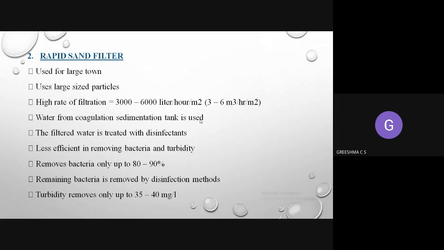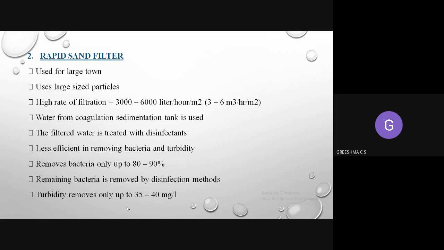One of the disadvantages of rapid sand filters is that they are less efficient in removing bacteria and turbidity, but the rate of filtration is very high. As far as it is concerned, you need to filter a large amount of water at a faster rate, and it removes bacteria up to 80 to 90 percent. The remaining bacteria is removed by disinfection methods.